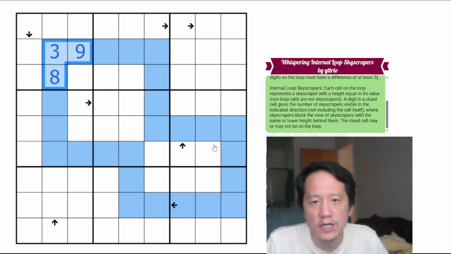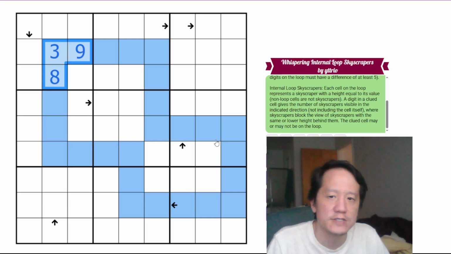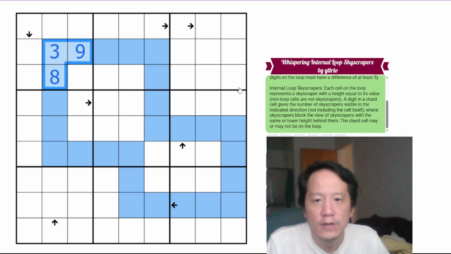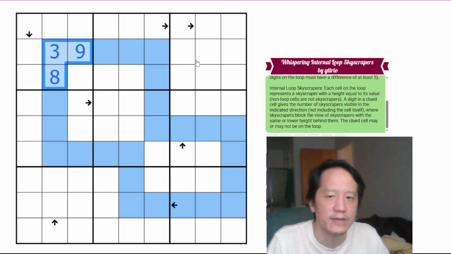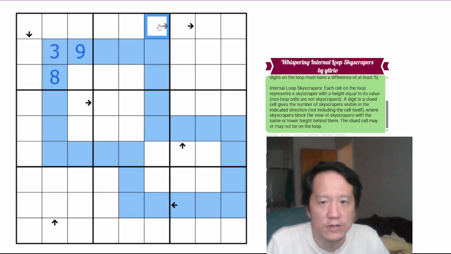A digit in a clued cell gives the number of skyscrapers visible in the indicated direction, not including the cell itself, where skyscrapers block the view of skyscrapers with the same or lower height behind them. The clued cell may or may not be on the loop. So that's these arrows, right?